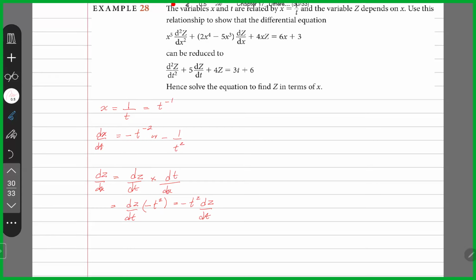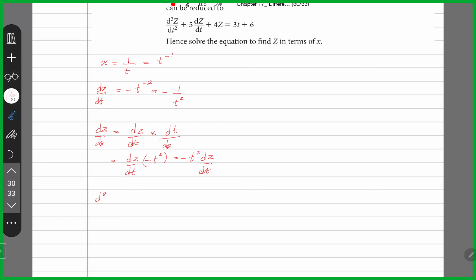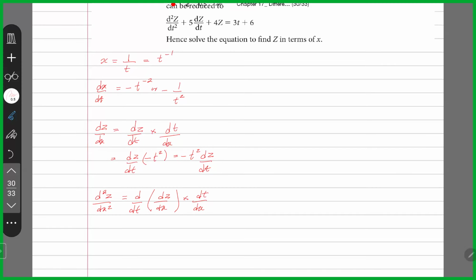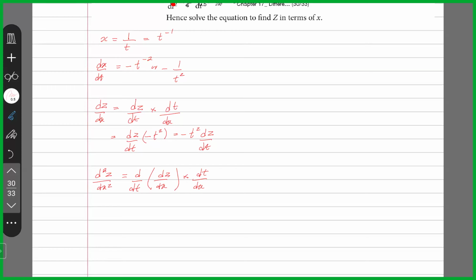Let us find d2z by dx squared. To get that, we'd have to differentiate dz by dx with respect to t, and multiply by dt by dx. So this is what we're differentiating. It's a product derivative.